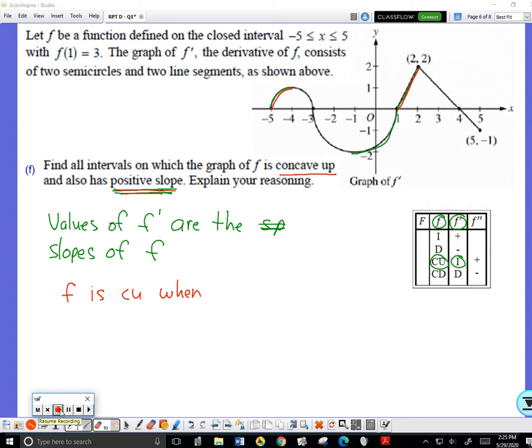Somebody stopped by. So anyway, f is concave up when f prime is increasing. f has positive slope when f prime is positive.